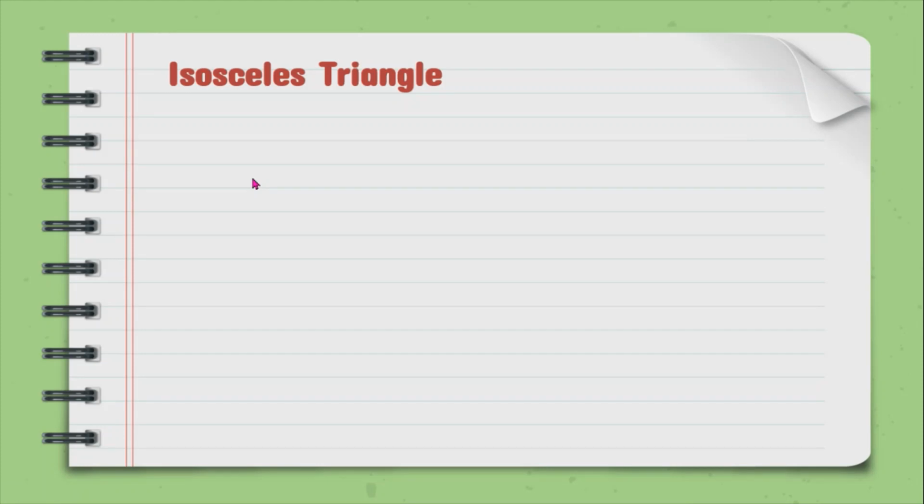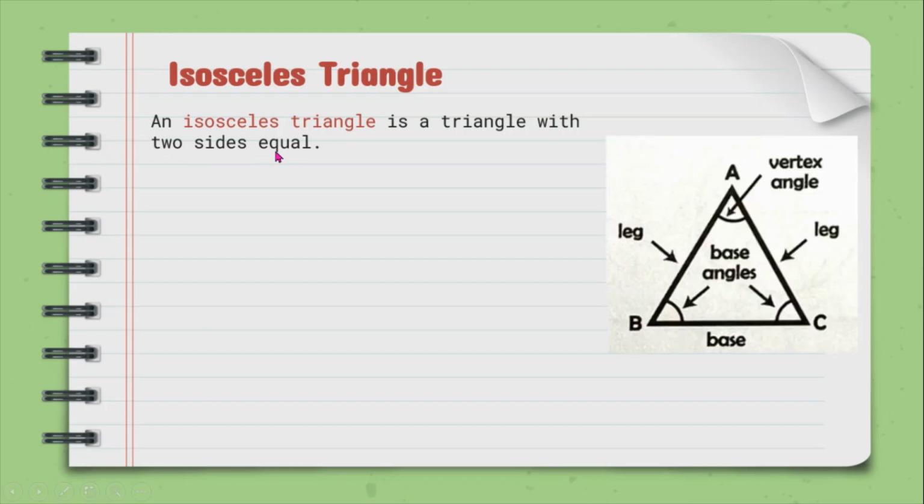So let's review the isosceles triangle. An isosceles triangle is a triangle with two sides equal. Given this illustration, AB here is congruent or equal to the side AC. So that's an isosceles triangle.